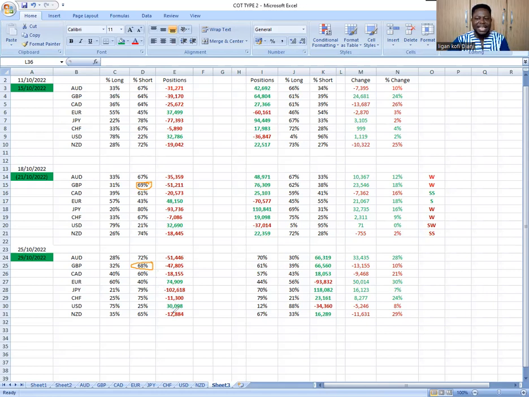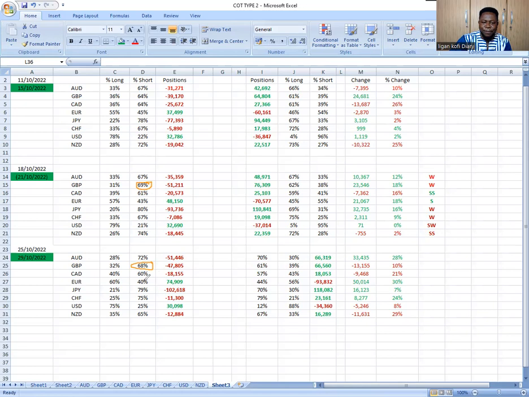We are not looking for sellers that we will see a reduction in the sellers. So GBP is on a sell trend, but the sellers are reducing. We are not interested in that. It means it's not good for us. CAD was also 61% bearish or sell, but it has also reduced to 60. We are not interested in that.